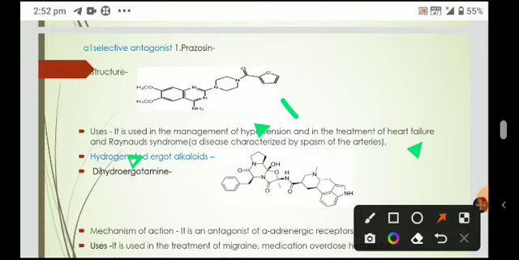Now the next one is the hydrogenated ergot alkaloids. So the next class from this category is the hydrogenated ergot alkaloids. So the structure is as I have shown here.